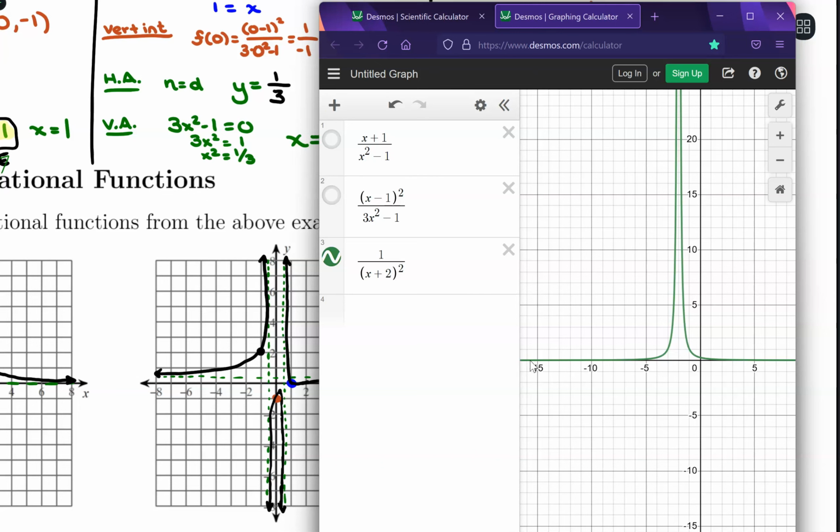So what's happening is on the left-hand side, we're coming from y equals 0, just above it, and then we're going through a coordinate. It's going to be (−3, 1), and then we go off to positive infinity. And that's when we get close to x equals −2. And then just to the right of x equals −2, we're going to come down from positive infinity.